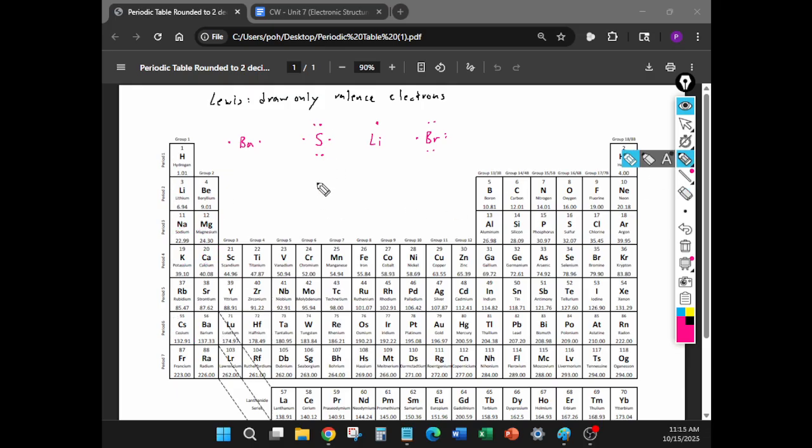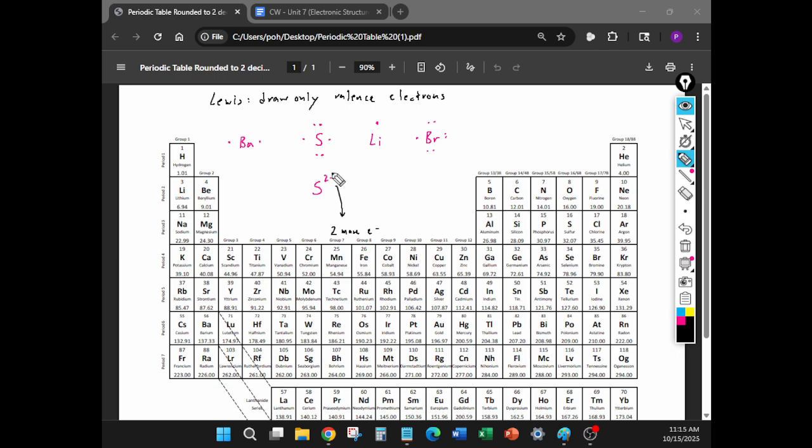So let's start with S. So sulfur's most common ion is 2-. Now, if you think about the 2-, the negative sign is basically telling you that you are adding electrons, right? You have more electrons because it's more negative. So that means that S2- has 2 more electrons than S. So S has 6 valence electrons.